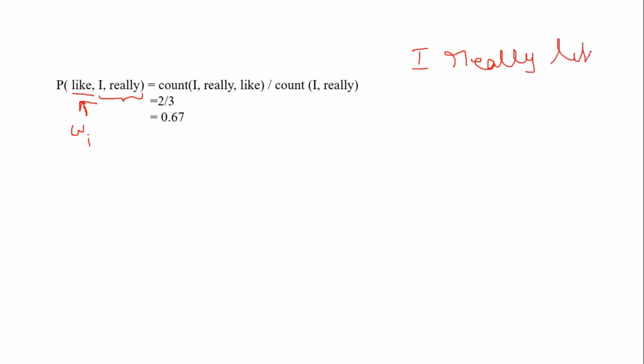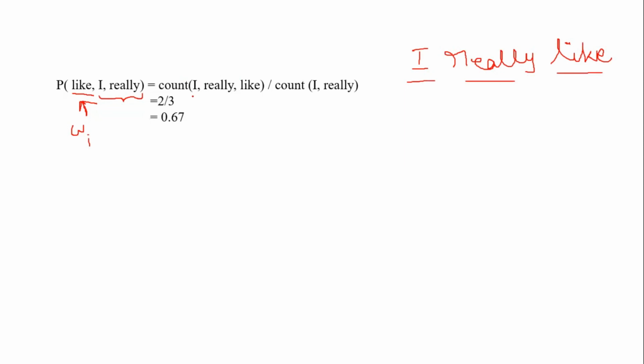You have a sentence like this, "I really like". Here "I really" is the given input, so that means I want to predict this W_i. This becomes W_{i-1} and "I" becomes W_{i-2}.